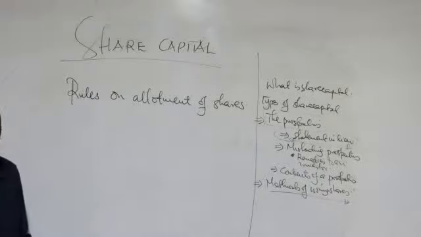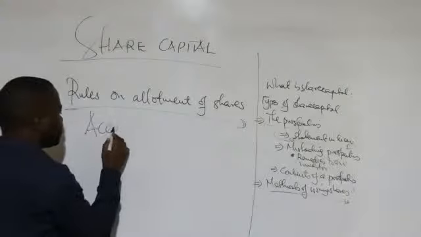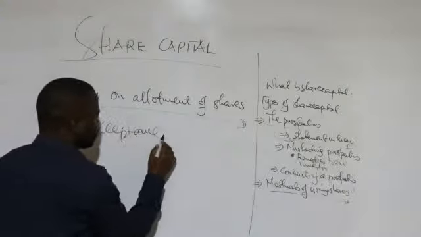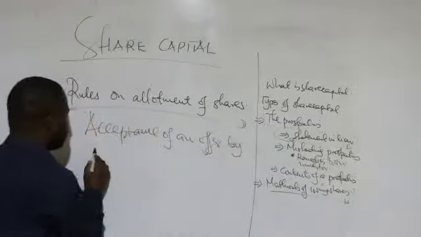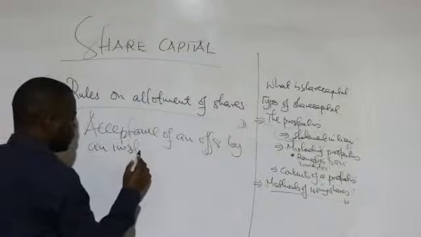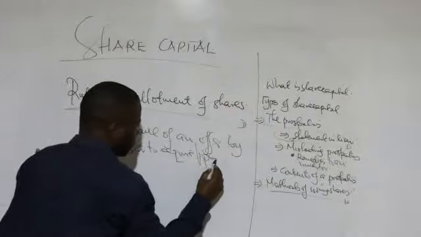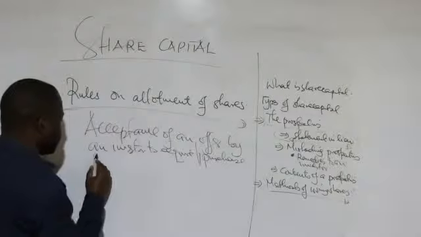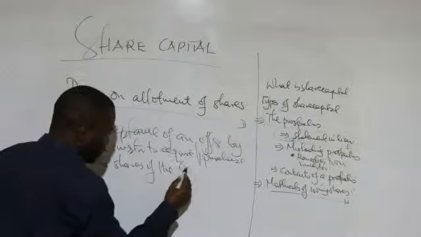When you talk about allotment, it's basically the acceptance. Allotment is the acceptance of an offer by an investor to acquire or purchase the shares of the company.